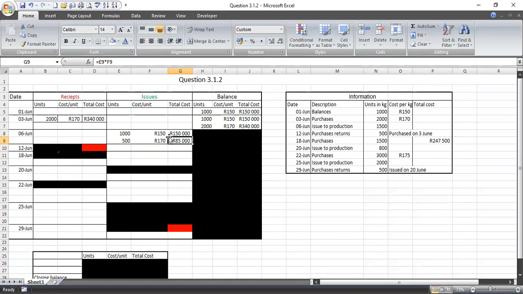85,000. So now that we have issued everything, we have to calculate our balance, the inventory that we have in our storeroom after this whole issue. We know that 1,000 units were all issued, so we cannot bring them down in our balance, because they are gone. We are left with a portion of the 2,000 units.